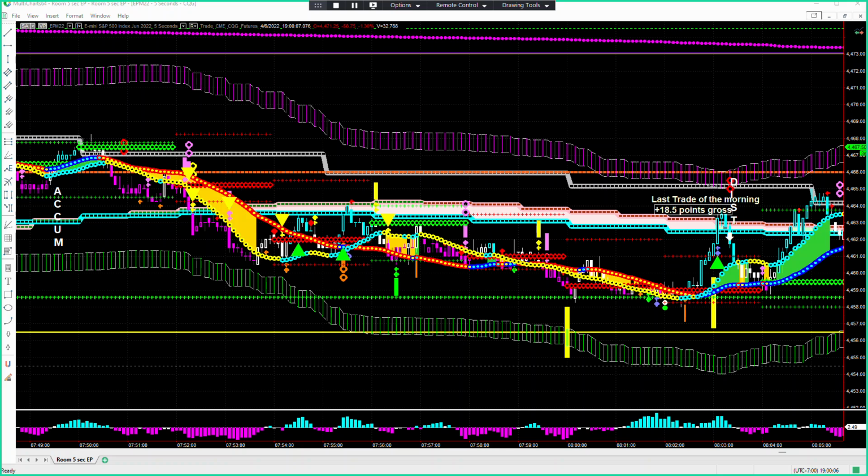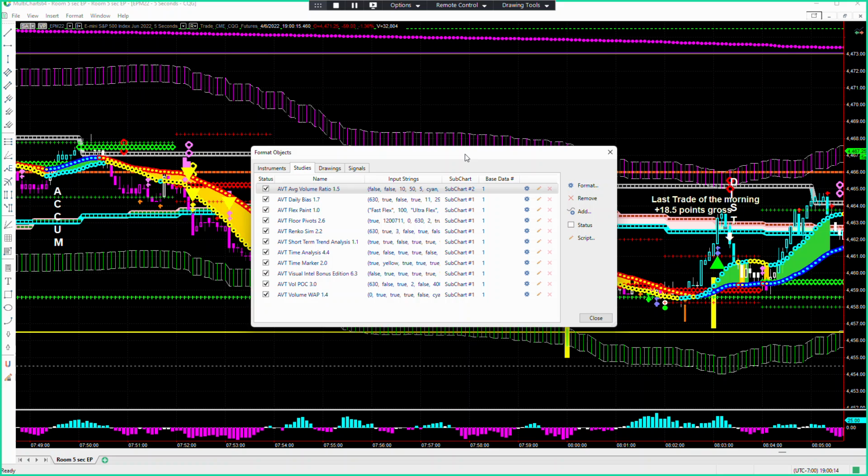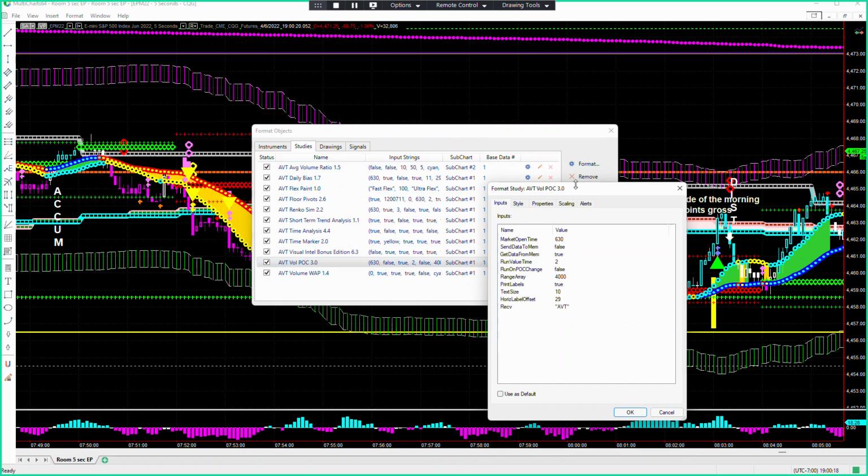And then on the 5-second chart, on the format indicators, on the volume point of control, send has to be false and get has to be true. If that's not set up correctly, it's going to drive your charts and your computer crazy.